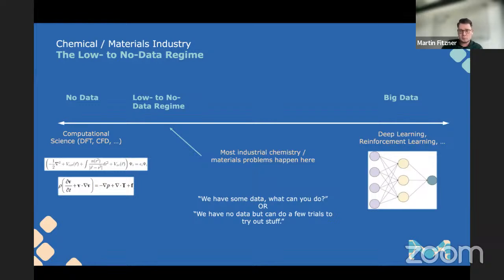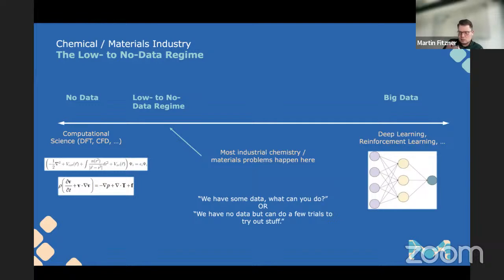So people often come to us with problems. And they say, we have some data, what can you do? And then I ask how much? They say, yeah, big data. And it's not big data, it is tens to hundreds of data points. Or they come to you and say, we have no data or some data, but we're willing to do iterations and we're willing to experiment. Can you help us there?